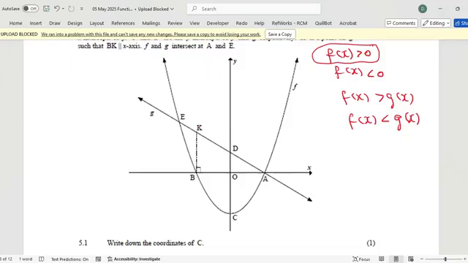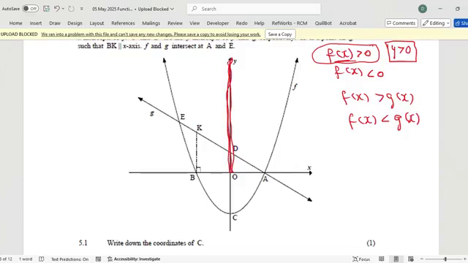Okay, let's say it like this. F of X is Y. Do we still remember that? And we say greater than 0. So we're looking for Y where it is greater than 0. So where is Y greater than 0? Y is greater than 0 in these two quadrants, quadrant 1 and quadrant 2. Greater than 0 means positive.